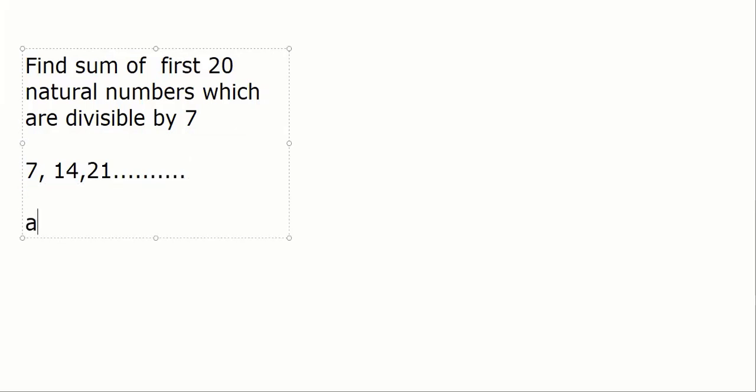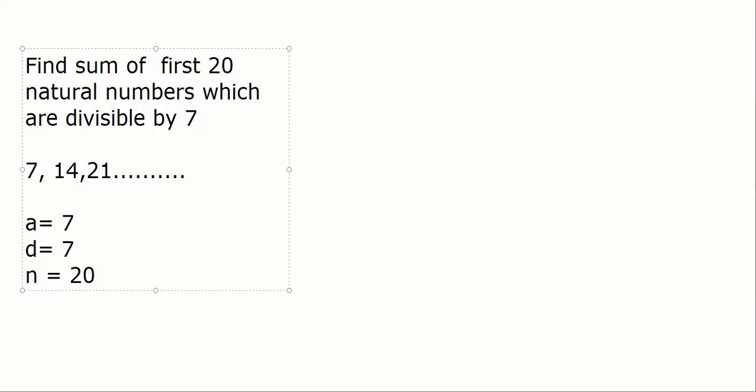So what is a here? 7. What is d here? 7. What is n here? With that, can you find the sum or not? Because first 20 natural numbers, so obviously n is 20, there are 20 terms. 7, 14, 21, and so on will be this.